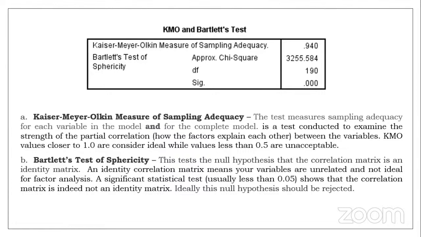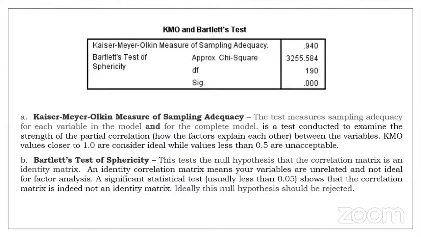Okay. So what does it measure? It measures sampling adequacy for each variable in the model and for the complete model. So it's a test which is conducted to examine the strength of the partial correlation between the variables, how each of these variables are related to each other. KMO values closer to 1 are considered ideal, while values less than 0.5 are unacceptable.